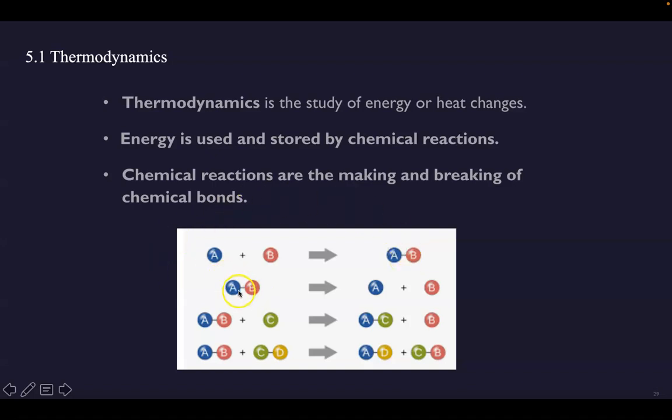It could be breaking a bond to make two new molecules. So we once had this molecule and now we've got this. It could be combining different parts with different byproducts. And these are all examples of chemical reactions. The important part to remember is that a chemical reaction just means you're making bonds or breaking them.